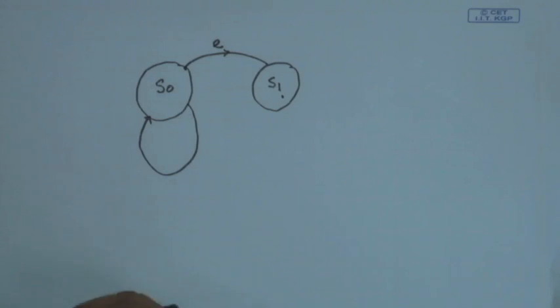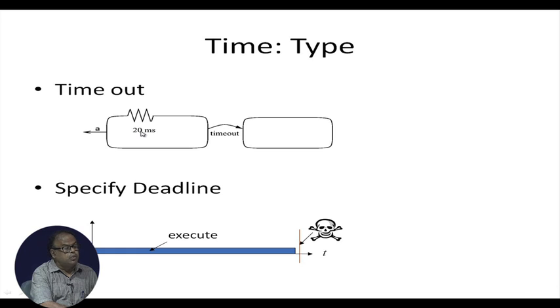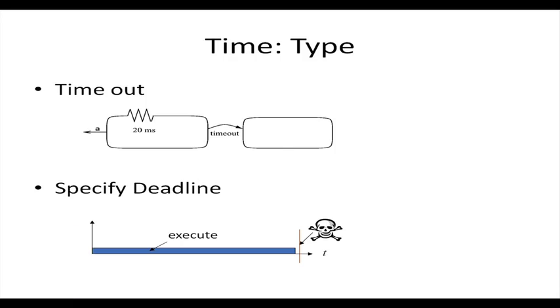So, here what is happening is on an event A, it can go out, but if the event A does not take place within 20 milliseconds, then there will be a timeout generated and it will go to some other state. So, timeout is another type of time specification.